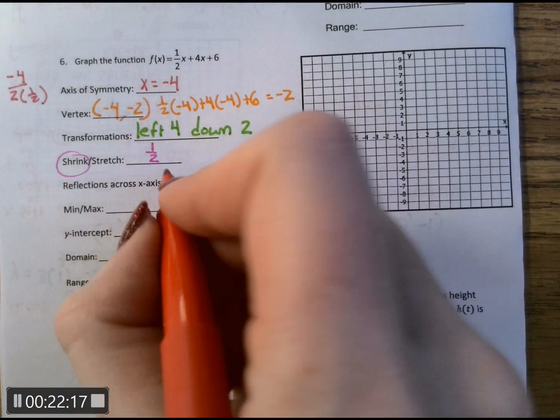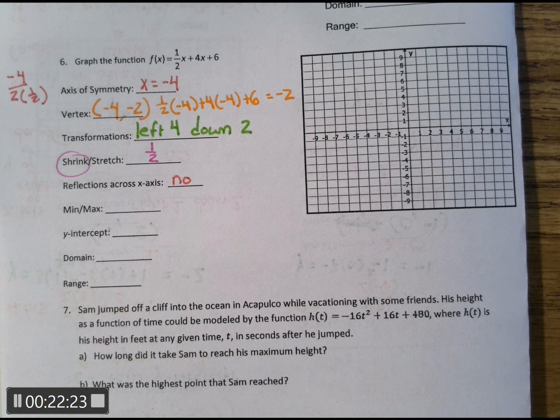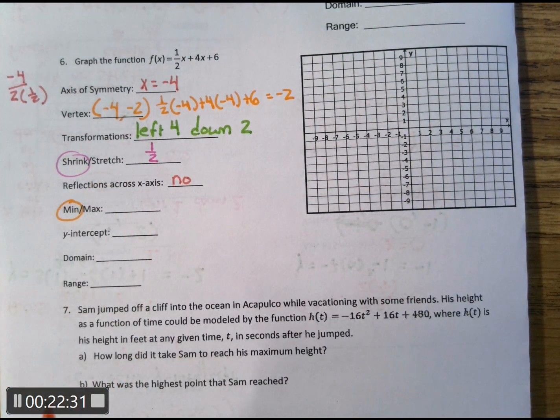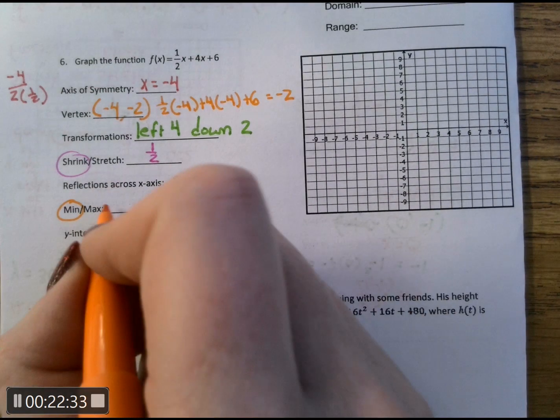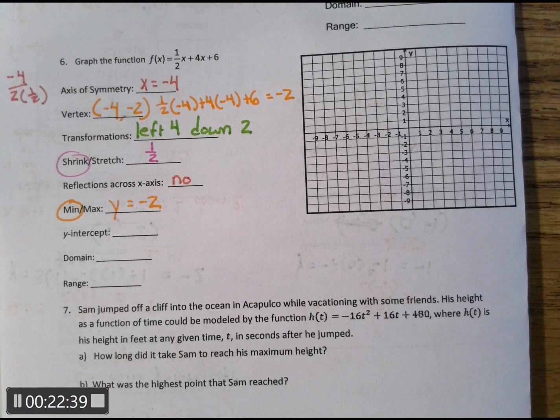No, because a is positive. Max or min? We have a minimum because a is positive. And what's that y value that we have a minimum at? Negative 2. Remember, that's from our vertex. Y-intercept, that's our c value.